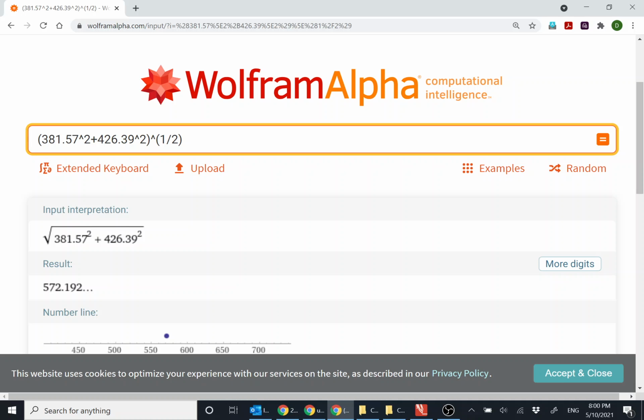All right, so you enter some stuff up here, and then Wolfram Alpha will tell you how it's interpreting the input. It's interpreting it correctly. So 572.19 miles per hour.